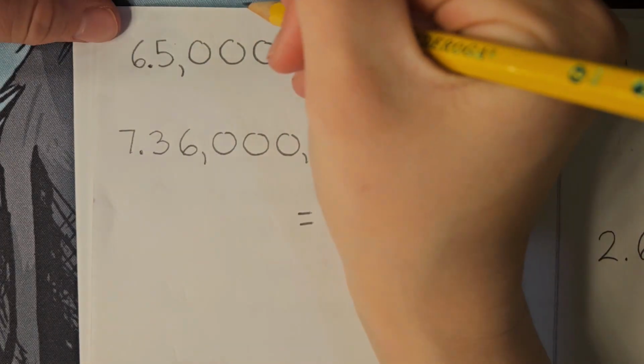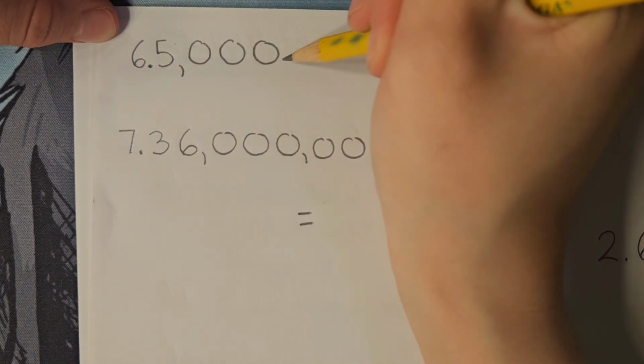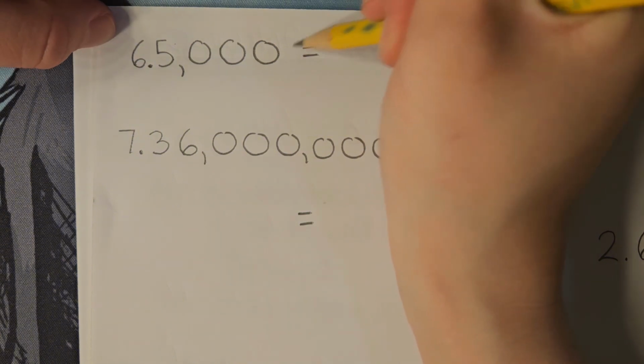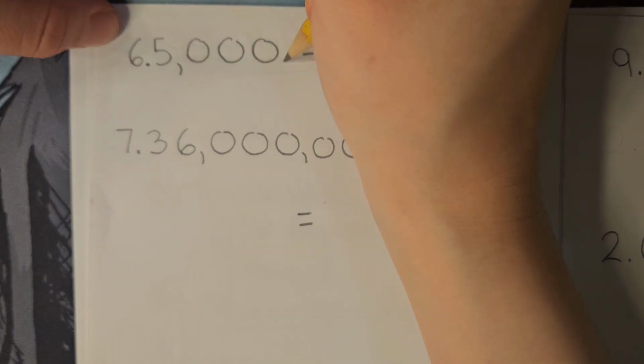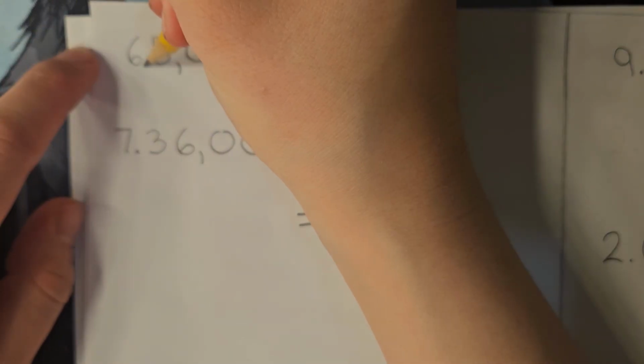The second step is to move the original decimal place. The original decimal place was right here, and I moved it here.